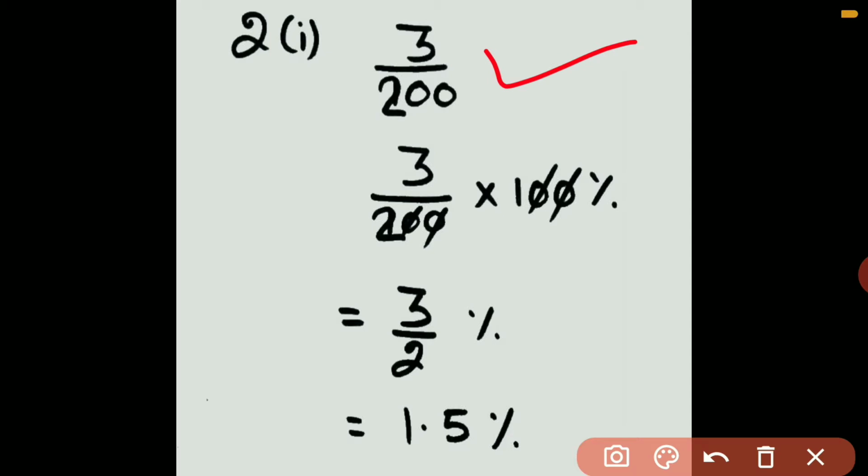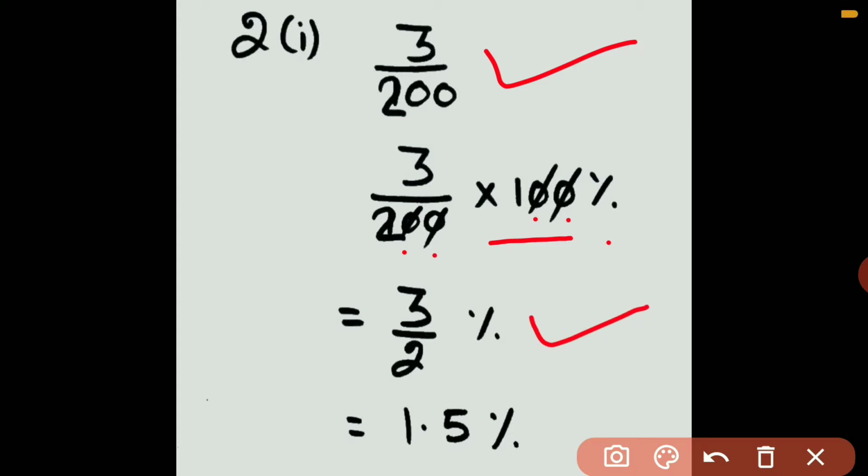I have to convert this into a percent. Hence I have multiplied it by 100. So when I multiply it by 100, then I can do the cancellation also. Then don't forget to write this percentage sign also. So two zeros and two zeros here gets cancelled, right? And hence I am getting 3/2%.